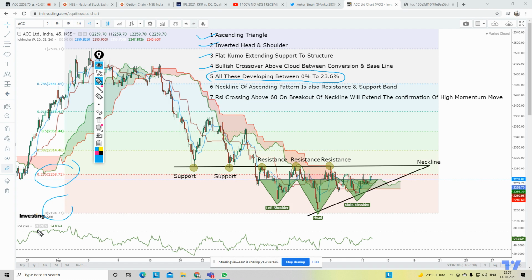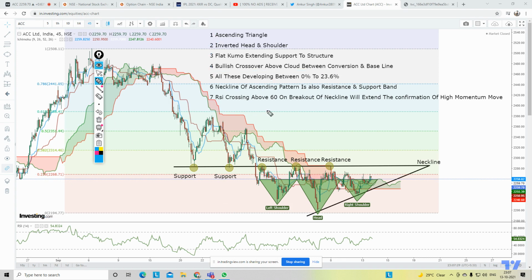So that will be considered as a base or the bottom of the current momentum. So since there are 4 bullish signals happening within the 0 to 23%, it is considered as a bullish signal again, and it is also considered that there is a final base and bottom formation of the current movement.